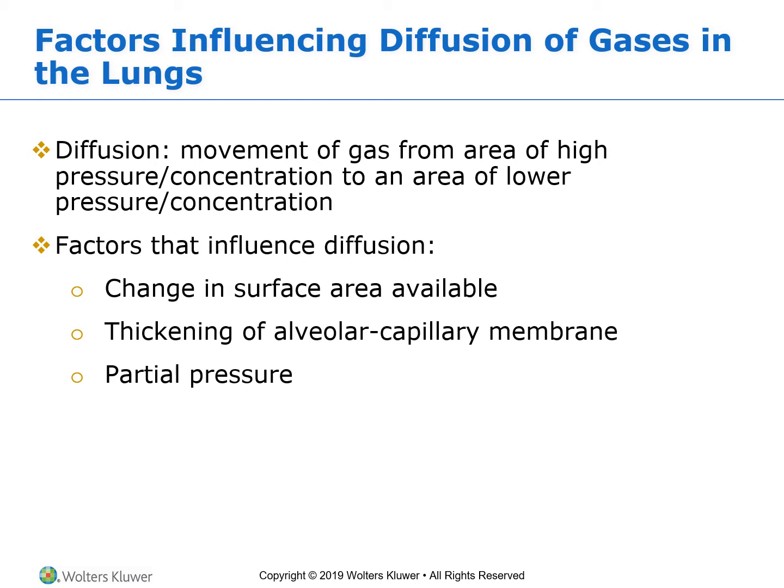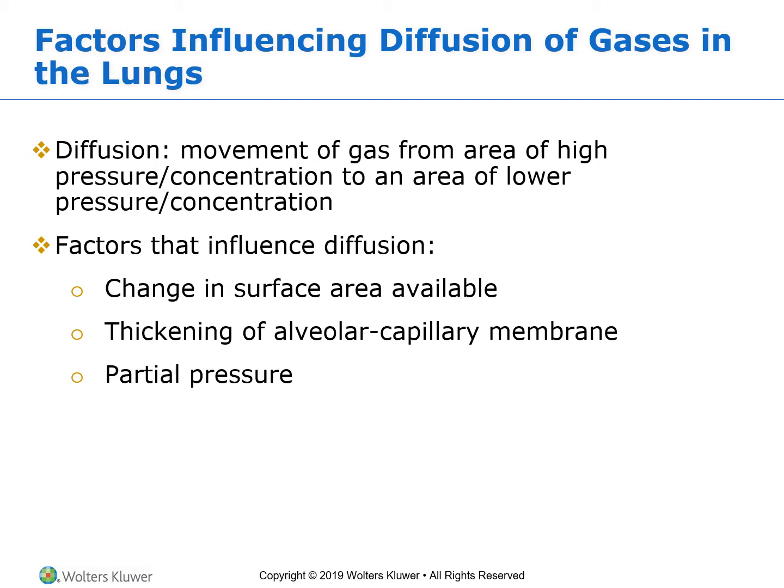So diffusion of gases in the lungs can be influenced by a lot of different factors, and that includes changes in the surface area. So if our alveolar walls were to become thick, or our capillary membranes for some reason weren't as permeable, and it changed the surface area, it could inhibit our ability to diffuse, or slow it down or impede it, okay?